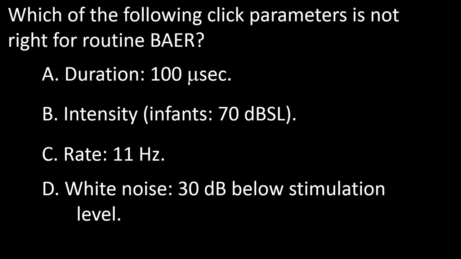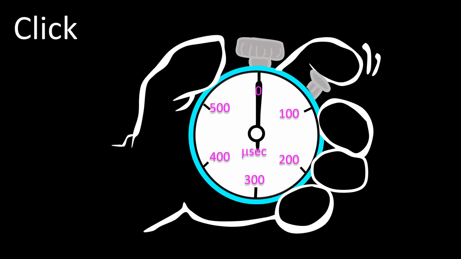D. White noise 30 dB below stimulation level. The duration of a click can vary, but the usual duration is about 100 microseconds, as you can see depicted in this frame.